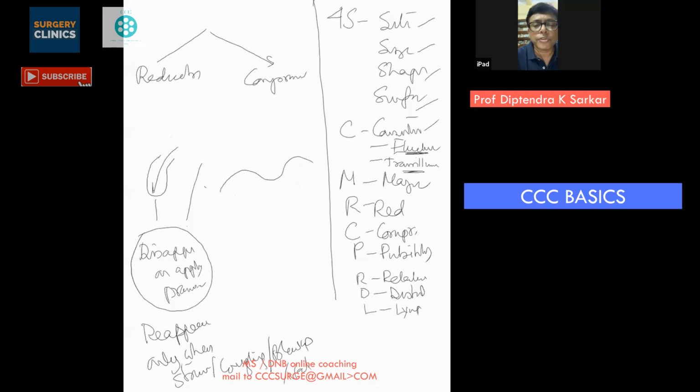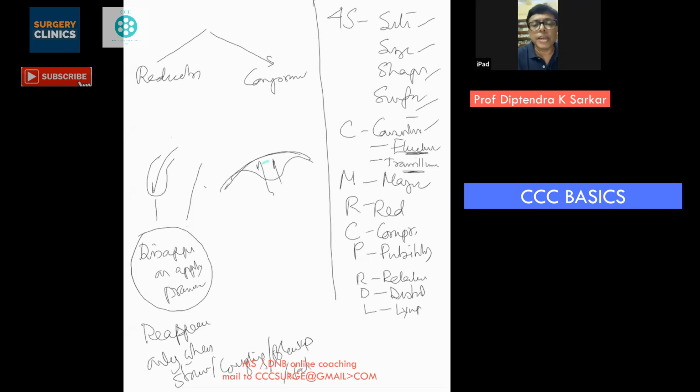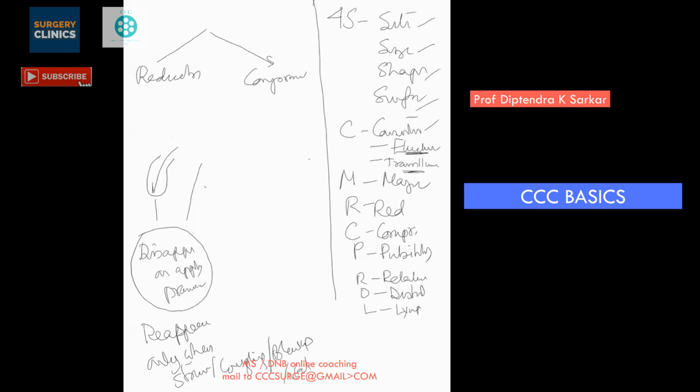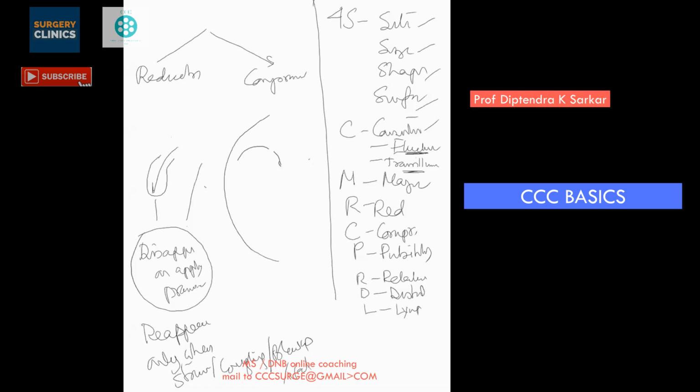Amit, you have the correct answer. Amit tells it's hemangioma, perfect, because it is going to refill. Now, it's not a question of hemangioma, it is a vascular malformation. Now, why would a vascular malformation behave like this? Look at this. This is a swelling, the skin, and you have a swelling like this.